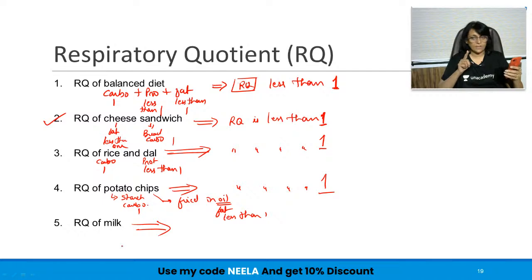Think about it and then give me the answer. 1, less than 1, more than 1. Now everybody is thinking before answering. Less than 1, Ayush has written. What about others?